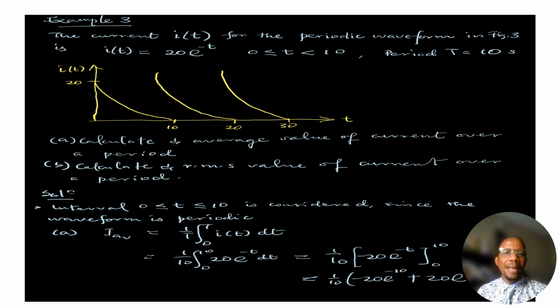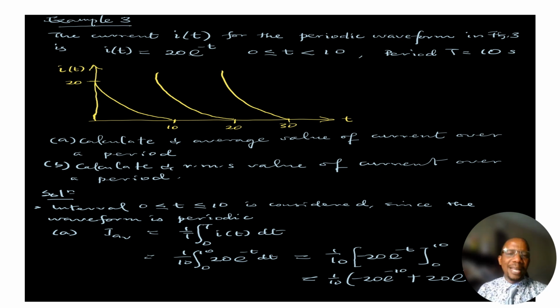Firstly, let's do the A, the average value. The interval 0 to 10 is considered, because it's a periodic function, so there's a repeat of what happens at each period. Taking just one period is sufficient to do our work.